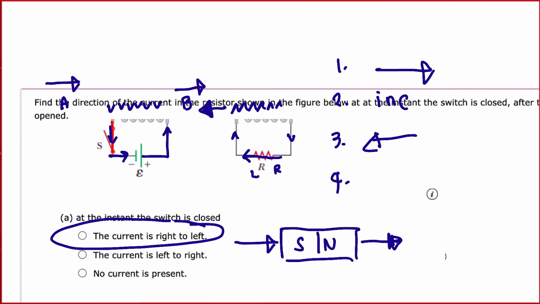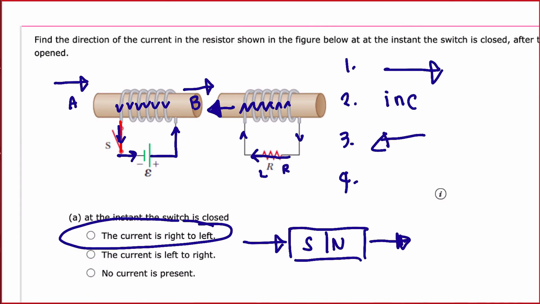So initially, there was an existing magnetic field, and when you turn off the switch, this existing magnetic field diminishes. And as a result, the solenoid on the right will have to create a magnetic field that will oppose this decreasing magnetic field. It will have to create its own magnetic field to counteract the change in the magnetic flux. And then you will use your right hand rule to identify the direction of the current that flows through the resistor in part C. Okay, fine.